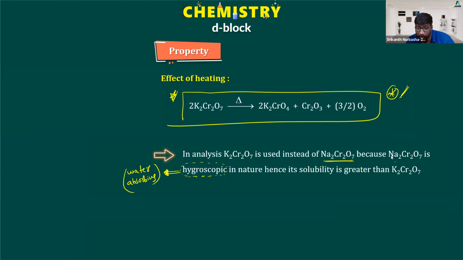So because it is more soluble than K2Cr2O7, whenever you are doing any analysis like quantitative analysis, titrations, K2Cr2O7 is preferably used because if it absorbs moisture, there can be change in the volumes. If the volumes are changed, the whole perspective of volumetric analysis is different.